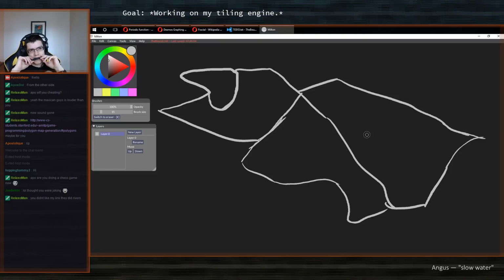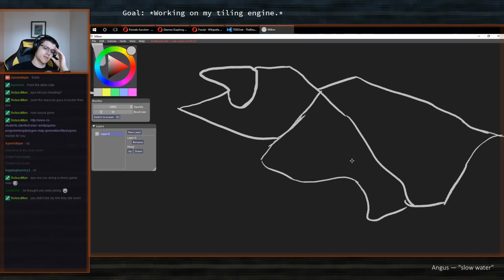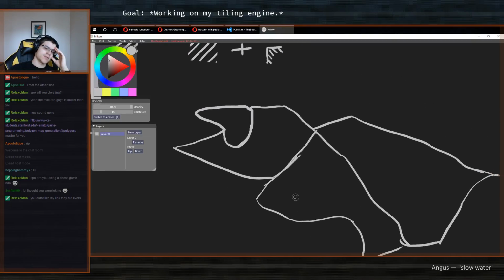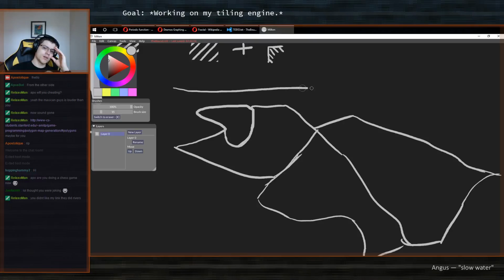I could also just use a gradient, like a simple 1D gradient where no matter what, you always go from one side to the next. That's the direction the water flows in. Could do that.